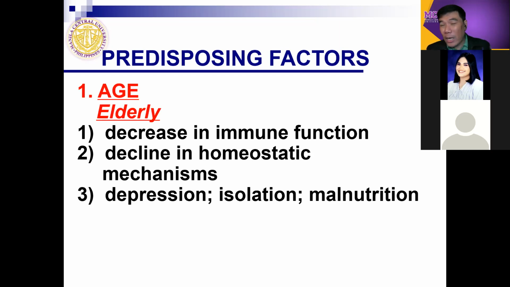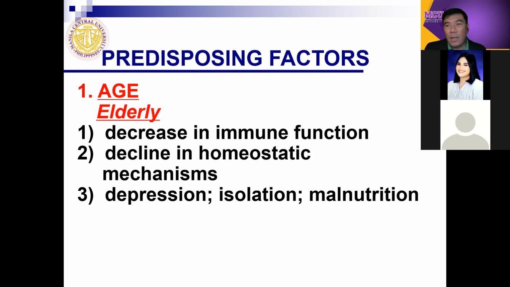That's why it is related to number 2, decline in homeostatic mechanisms. We have already defined yung homeostasis. So on that note, yung tinatawag natin na homeostatic mechanisms, sila yung most predisposed sa mga diseases kasi nga the physiologic processes and functions are already not balanced as expected for the normal functioning of adults.